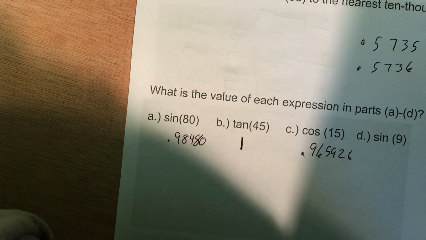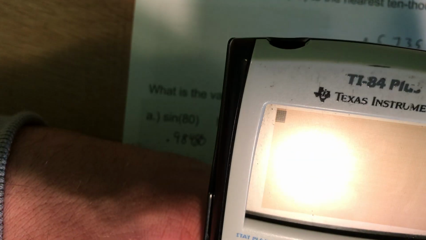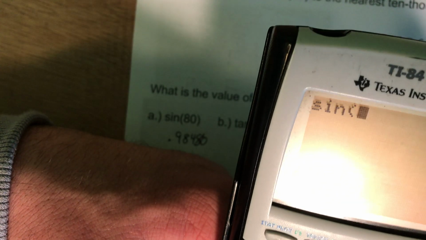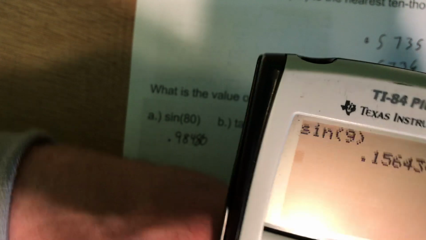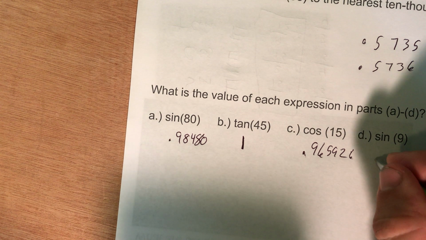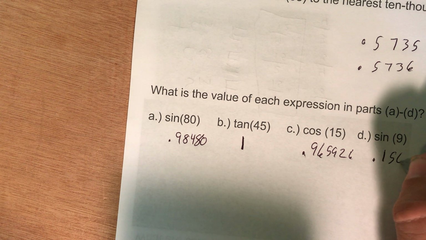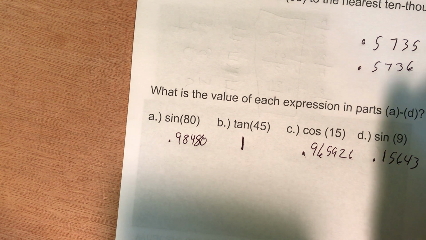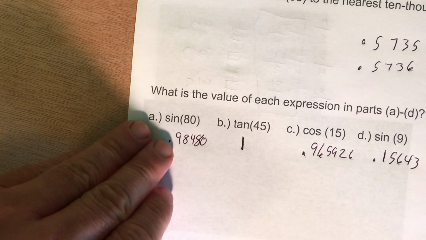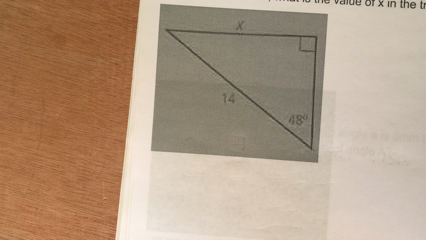Okay, and our last one, of course, is sine 9. 0.15643 is your answer on that one. So we're done with that.